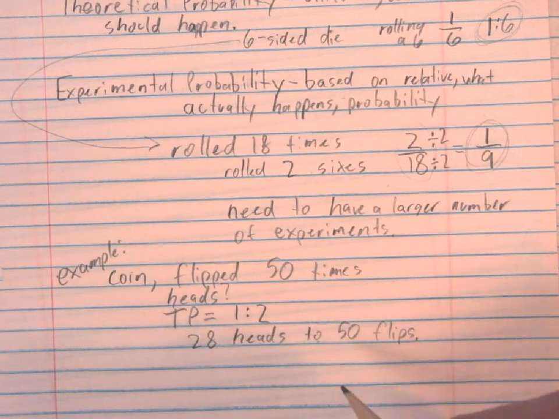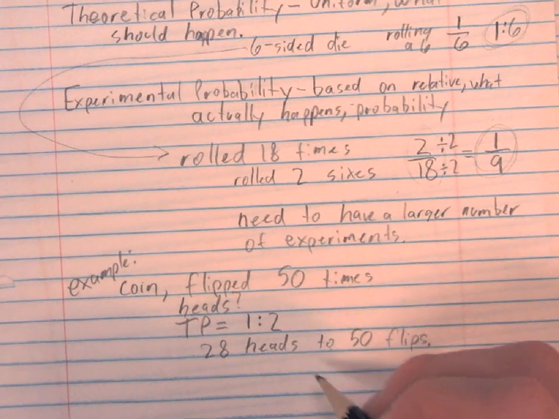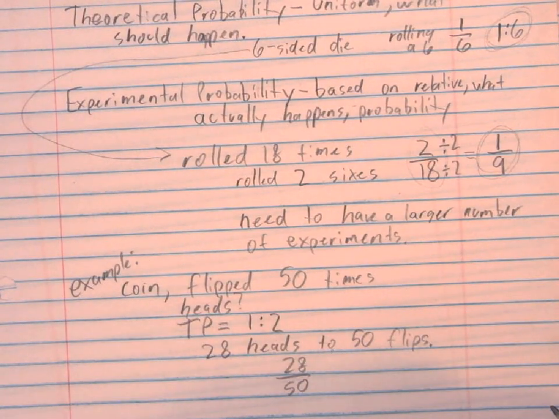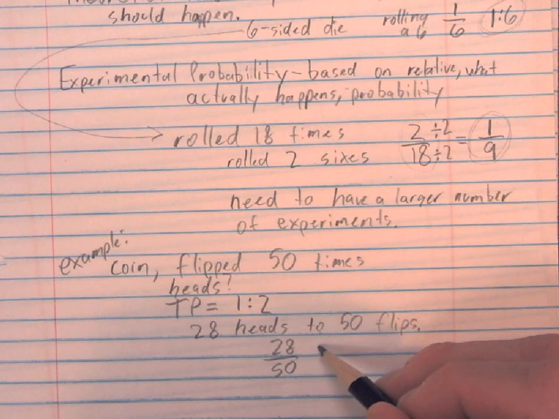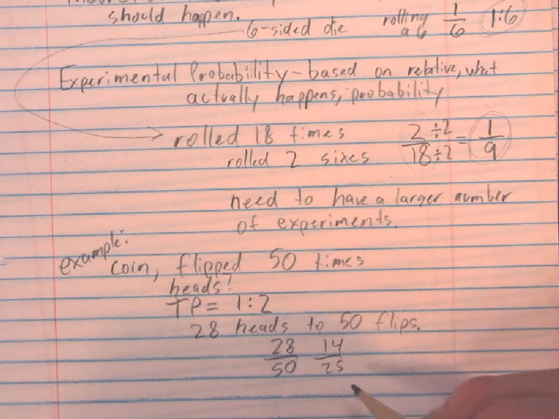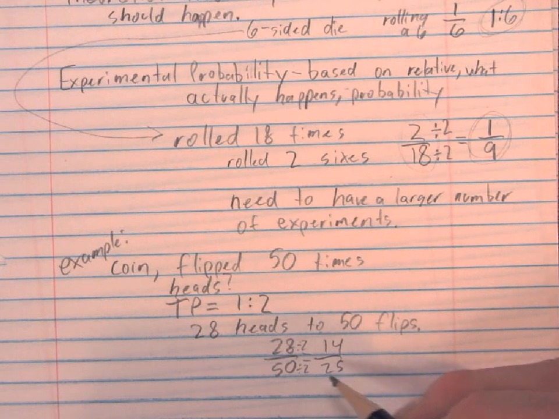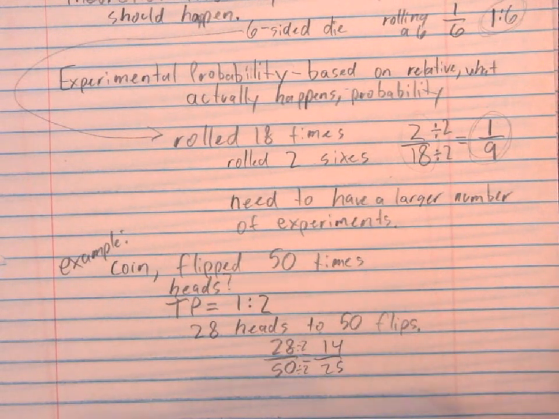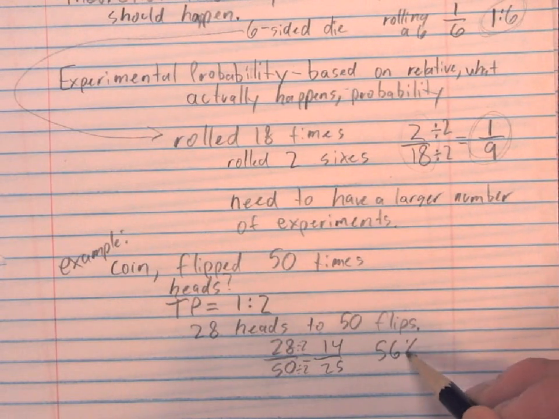So writing that down, we get 28 out of 50. To simplify that, we go down to 14/25, dividing both the top and bottom by 2 to get there. 14/25 means 14 out of every 25 flips gives me a heads, which is 56% of the time.